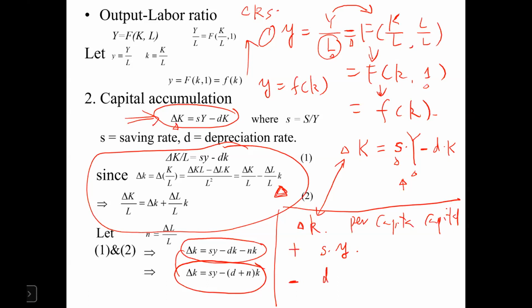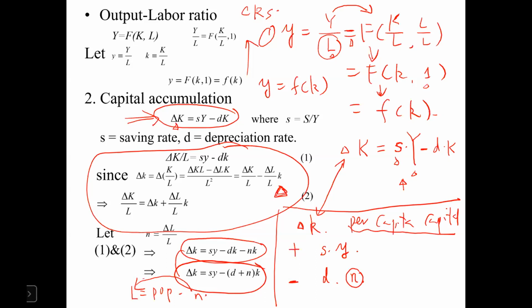First, you have depreciation, right? Because your capital is going to wear down. Your car is going to deteriorate, the house, the machine, and so on and so forth. That one is obvious. Another factor that reduces per capita capital is n. What is n? n is population growth. And remember, in this simple model, everyone works, so L equals population, and n is the population growth, which also gives you the growth rate of labor, right? So this growth in labor or population is going to drag down the capital stock.